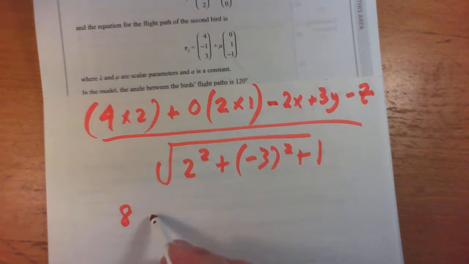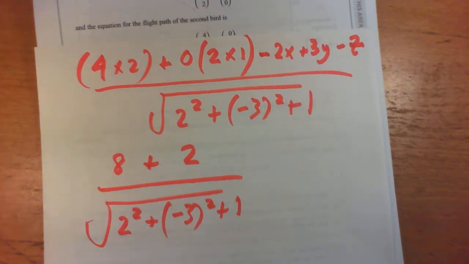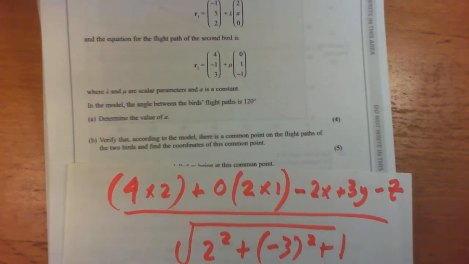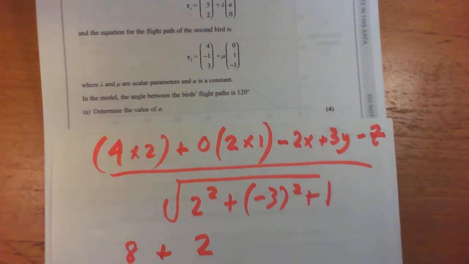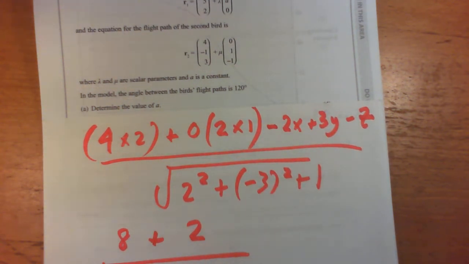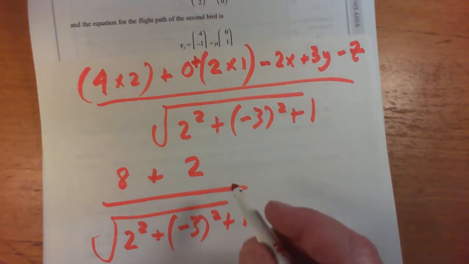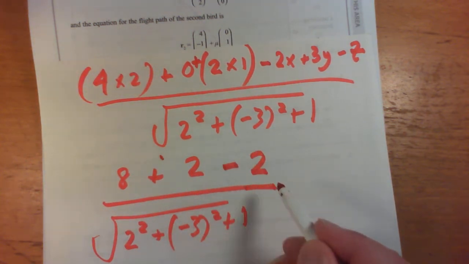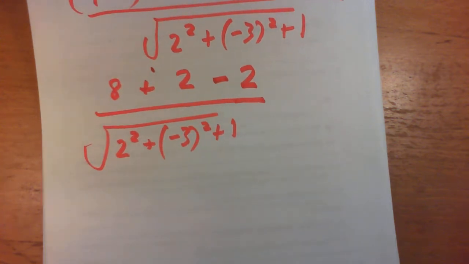So it'll be 8 plus 2, sorry, there should be a plus there, and that's minus 2, the 2 that comes from here.